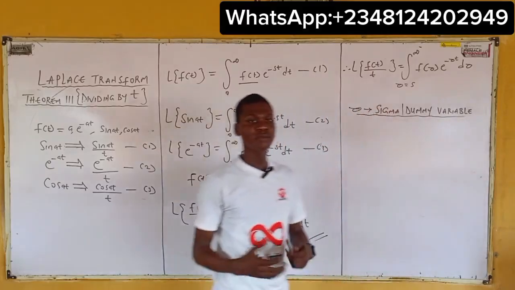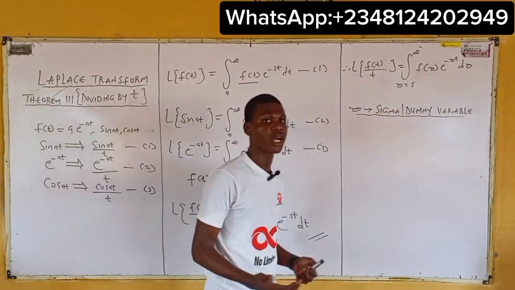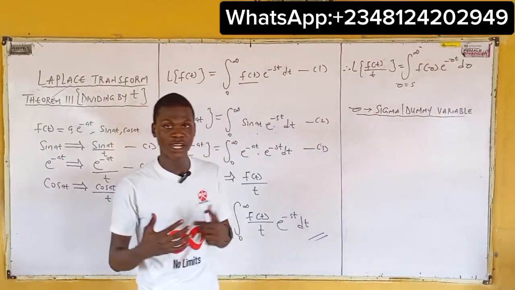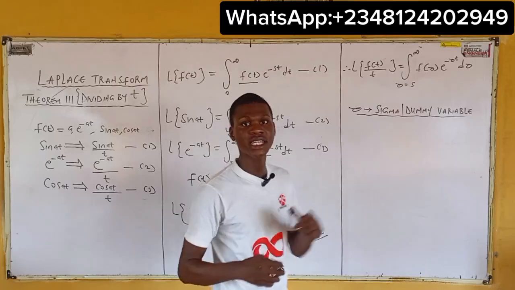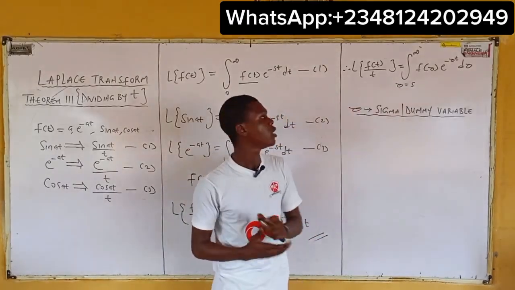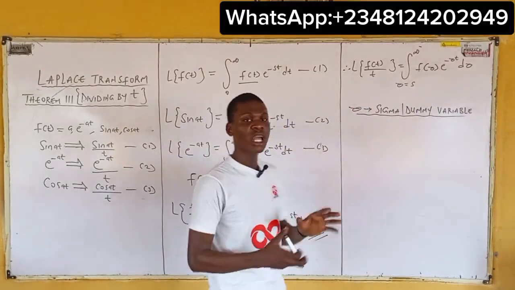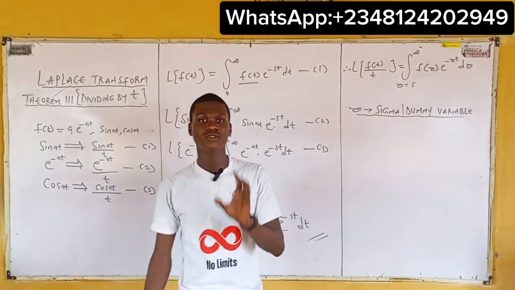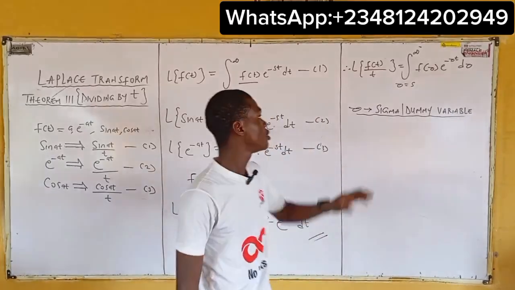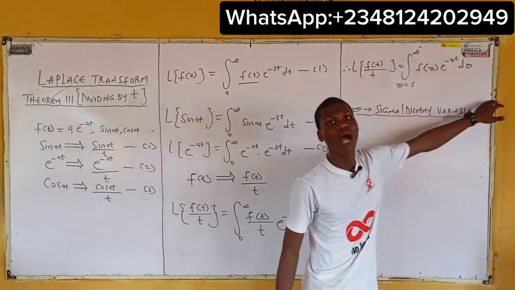But I'll be using sigma often, because I'm from engineering, so I'm used to engineering terminologies. So saying sigma, I'm referring to this symbol. So say you are given a question under Laplace transform, particularly the third theorem, which is the dividing by t theorem. This is the general formula on how it works.